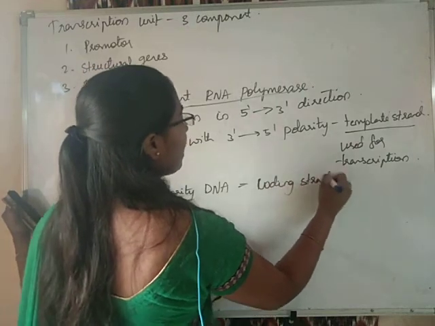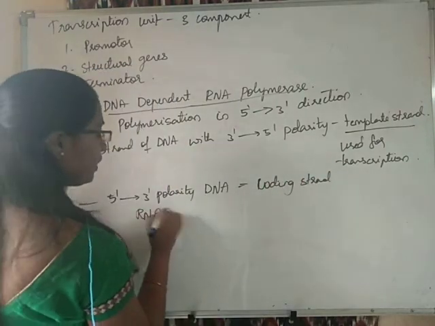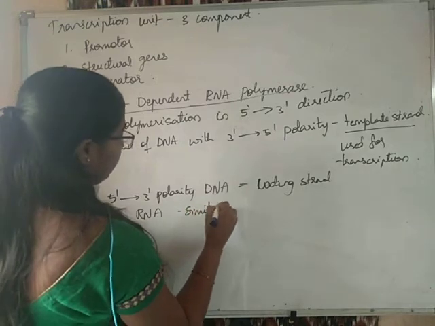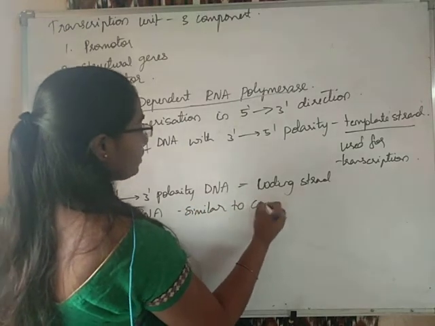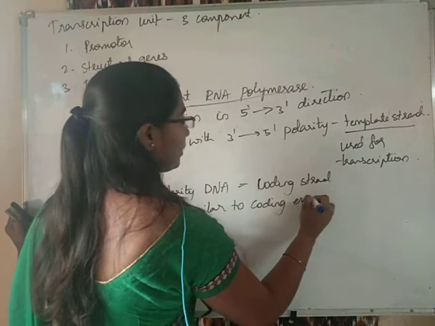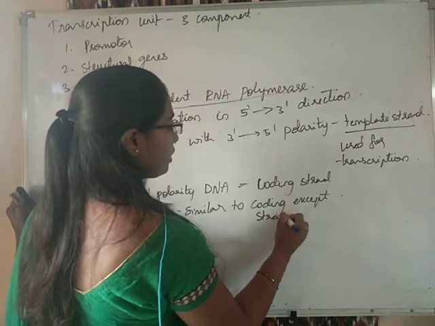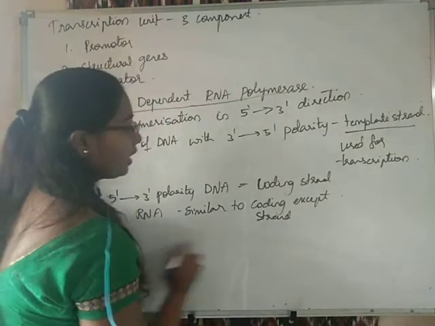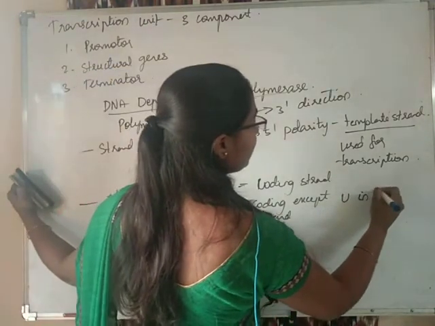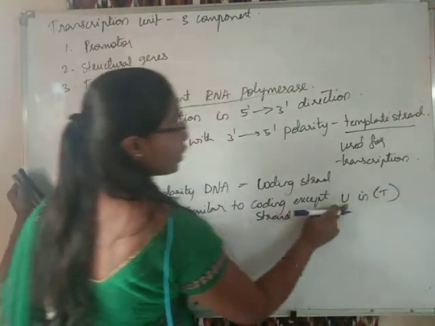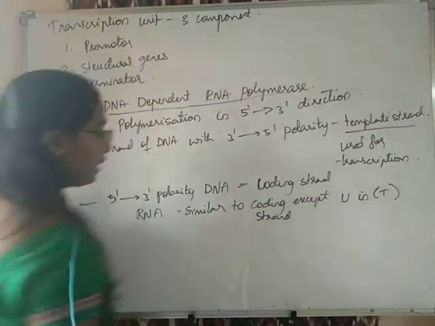The RNA is absolutely similar to the coding strand except in RNA uracil is present in place of T.